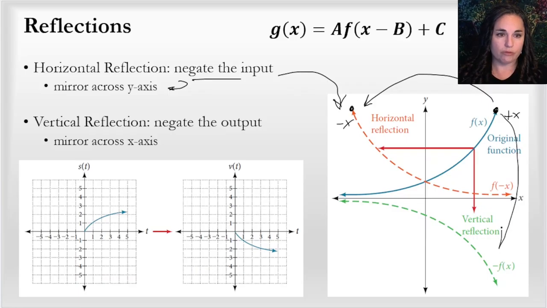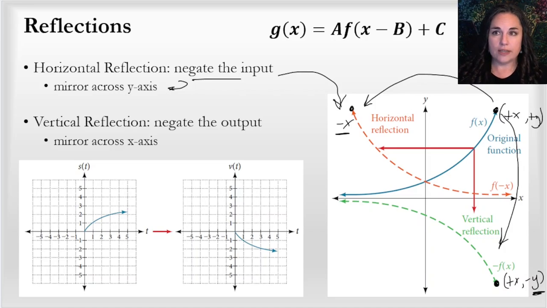I flip it over the x-axis, and whatever point is at a positive x stays a positive x, but it was a positive y up in this quadrant, and it'll be a negative y down here. So you can see how we're negating the output rather than negating the input. This negates the input, this negates the output.